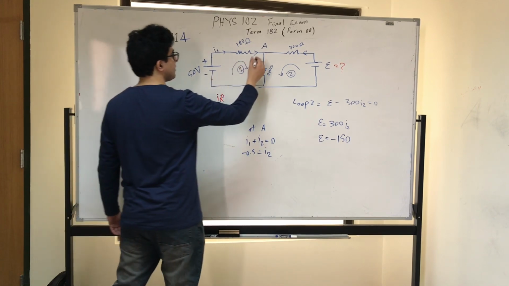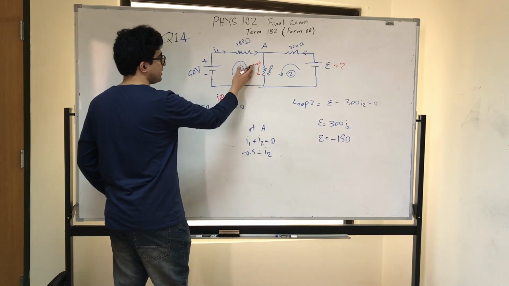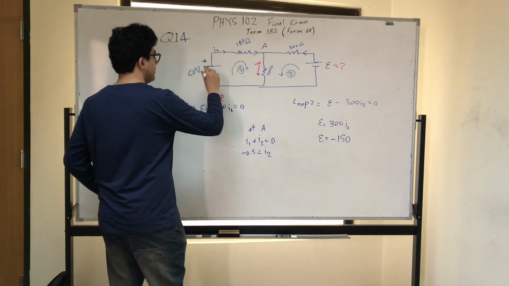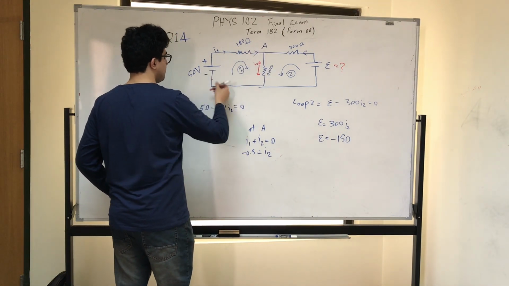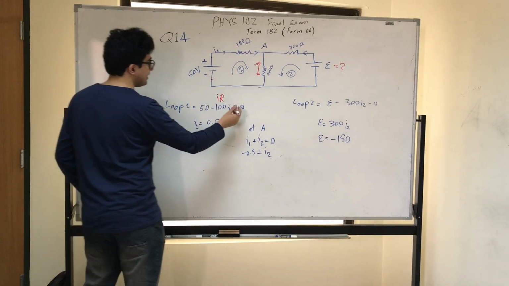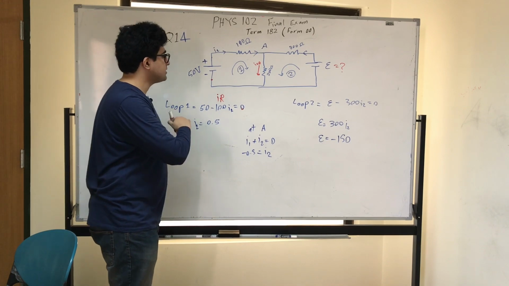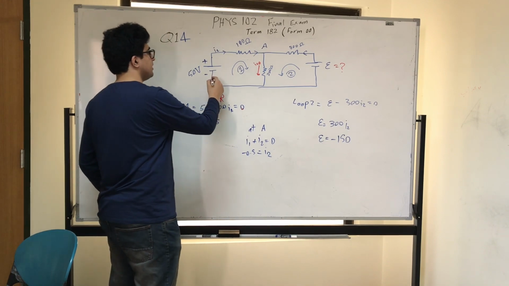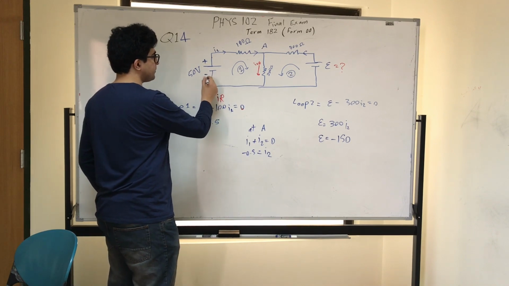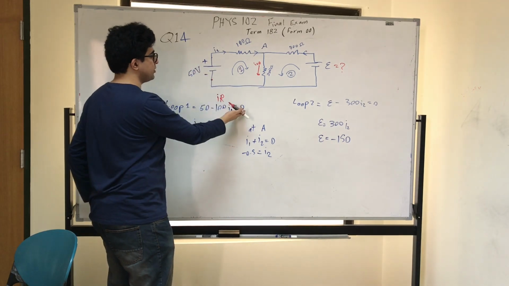And then we go over here, and we know that the current here is 0. So if you multiply I by R, you're going to get 0. So if you go through this loop and get back here again, you'll be getting 0 over here. Okay, guys, so according to the loop rule, the algebraic sum of the changes in potential, if you go from a point and then return to the same point, must be 0.